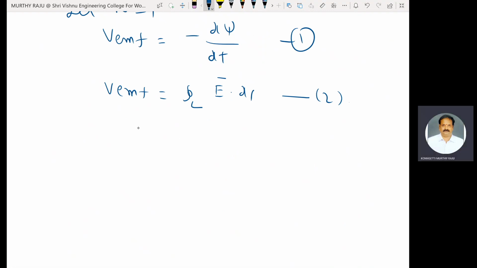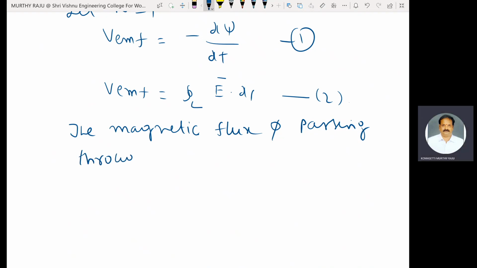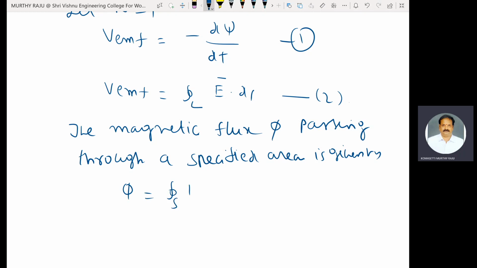The induced EMF in equation 2 indicates a voltage about a closed path, such that if any part of the path is changed, the EMF will also change. Next, we know that the magnetic flux phi passing through a specified area is given by phi is equal to the integral over the surface of B dot ds.